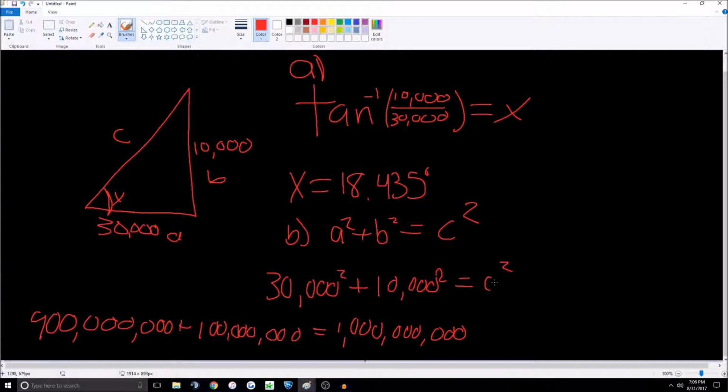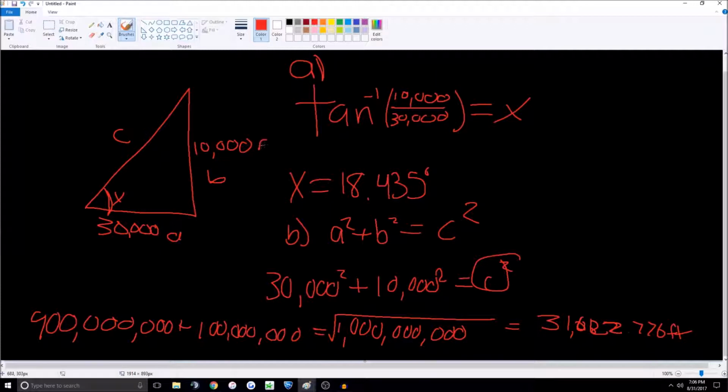But we're not done yet. Since this is c squared, we have to take the square root of this, and that will come out to be 31,622.776 feet.